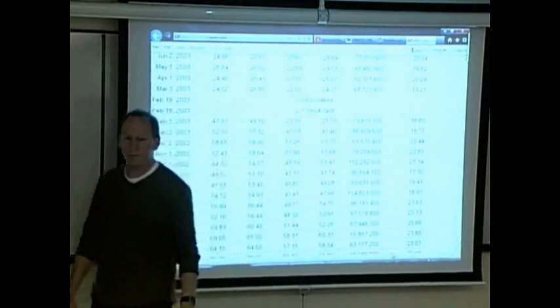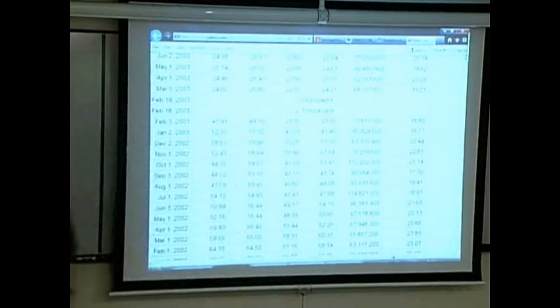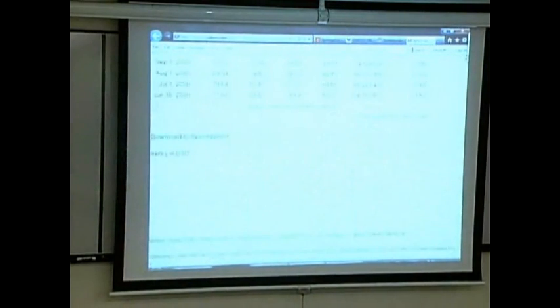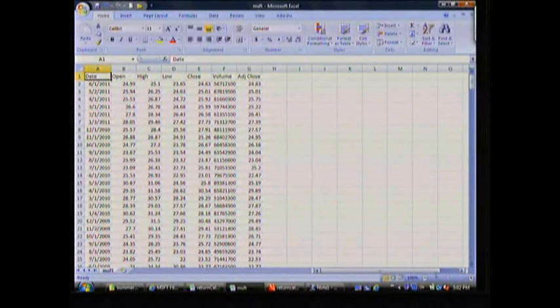Okay? And this is a very important feature when you start dealing with your own data, to know these types of things. All right, so once you have all this data, how do you get it into your computer? If you go all the way down to the bottom of this table, there's this Download to Spreadsheet tab. You can click on this, and I can choose Save As. And then you open that up, and here's the data.